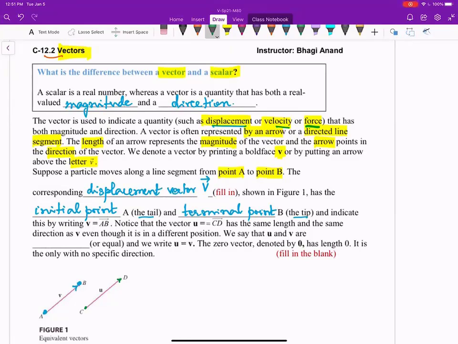We say that U and V are equivalent, or equal, and we write vector U equal to vector V. If you're writing, then you may have to put an arrow on top. The zero vector, denoted by 0 with an arrow on top, has length 0. It is the only vector with no specific direction.